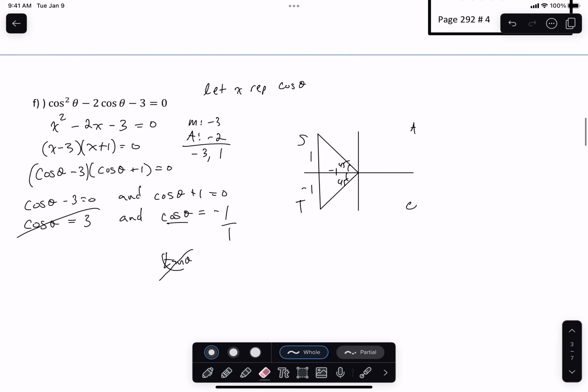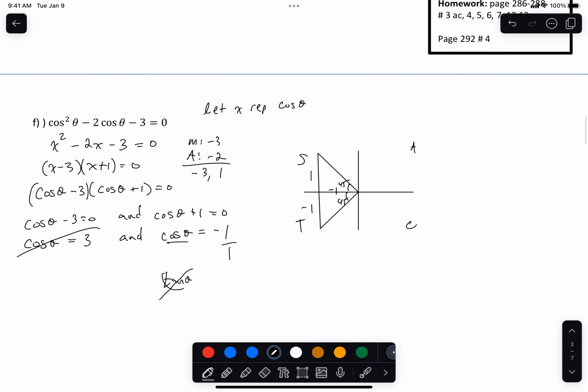So it looks like there's only one spot that this is true for, and it's going to be where the cosine is -1. The cosine of theta can only be -1 when theta is equal to 180 degrees. That's the only time that this question becomes true.